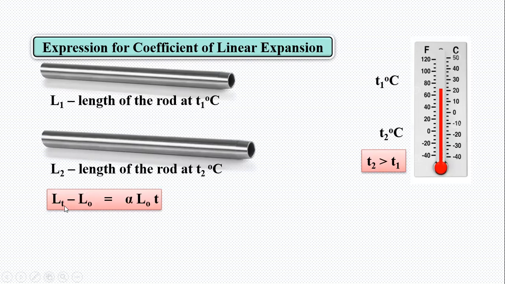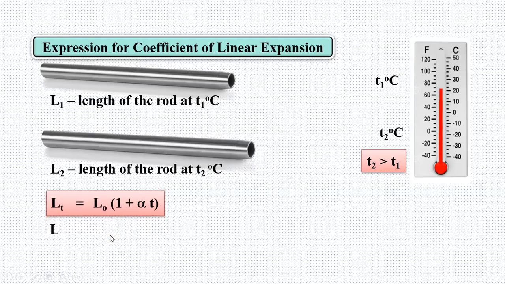So as we know that LT minus L0 is equal to alpha into L0 T. So LT is equal to L0, see here, this minus L0 comes here as a plus L0 and L0 is taken common. So LT is equal to L0 into the bracket 1 plus alpha T. Now similarly, L1 is equal to L0 into the bracket 1 plus alpha T1 and L2 is equal to again L0 into the bracket 1 plus alpha T2.